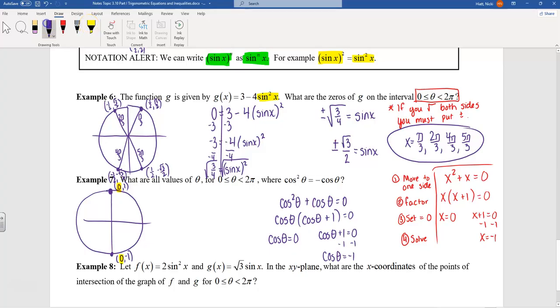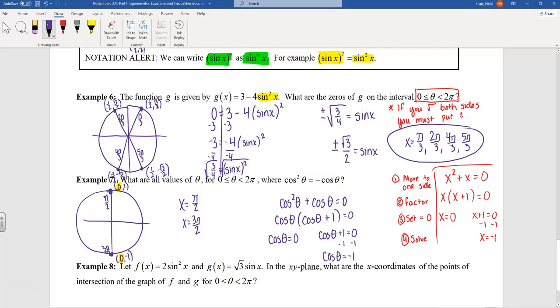So that is x equals pi over 2 right here, and x equals 3 pi over 2 right here. Okay, so those both come from the first equation, cosine of theta equals 0.